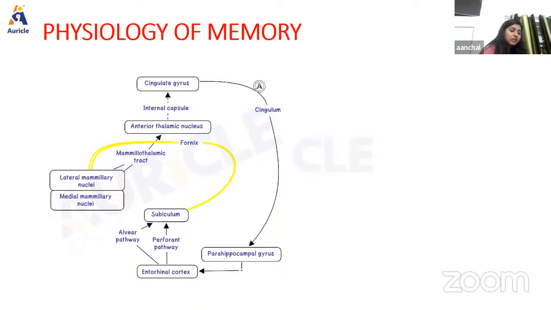Now we're going to discuss some functional status of the brain with the physiology of memory.